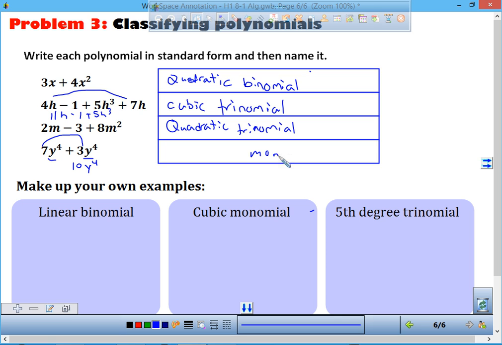A monomial. And the degree of the monomial, you add exponents of all variables. Since there's only one variable, that's easy to add, so we call that a 4th degree. Remember, once it gets above 3, there's no special name for it anymore. So it's a 4th degree monomial.